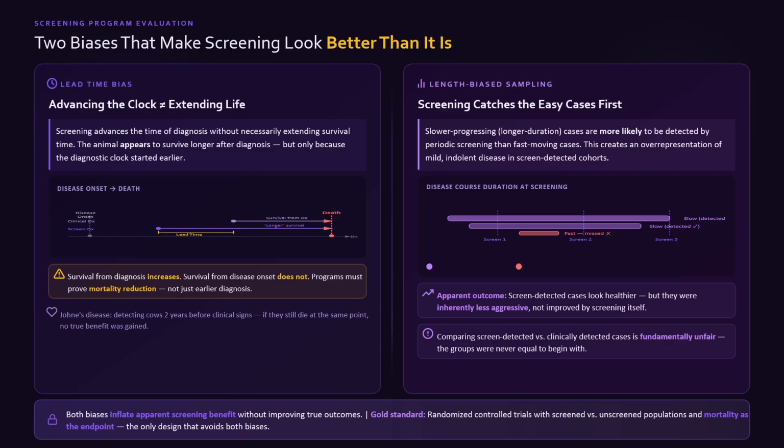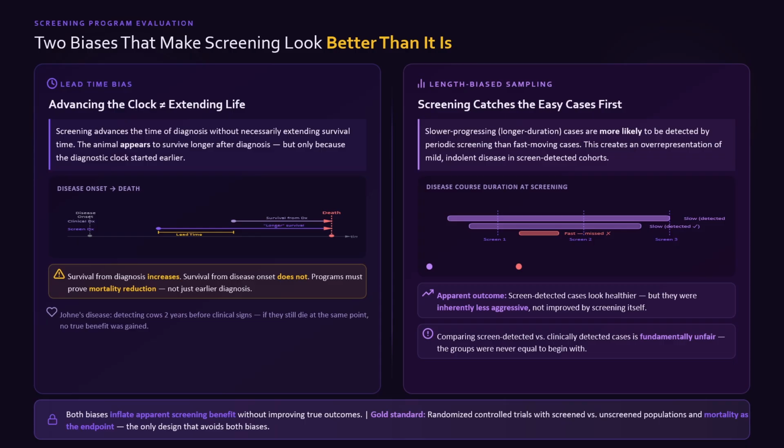Second, length biased sampling. Screening catches the easy cases first. Periodic screening doesn't catch a random sample of cases. It preferentially catches the slow ones. Fast, aggressive cases race to clinical signs and show up as emergencies between screening rounds, so the screen never sees them.